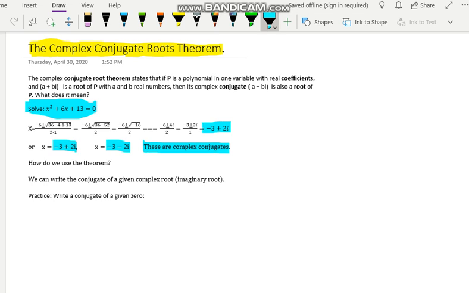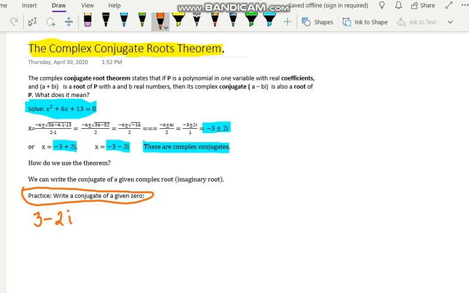Okay, so I'm going to start with the first example. I need to practice how to write a conjugate of a given zero, which means a conjugate of a given root. Let's say the root that is given to me, and it has to be imaginary root, right? It's given to me as 3 minus 2i.